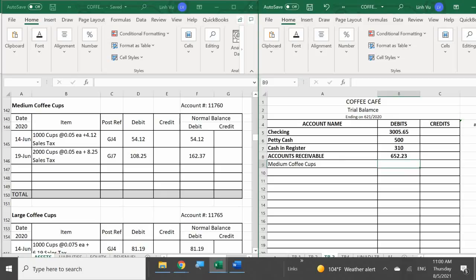How much is in my account for medium coffee cups? 162.37.